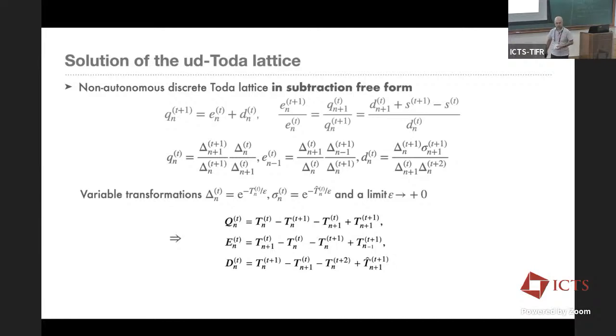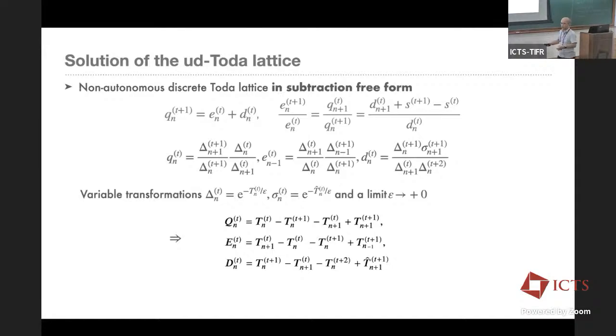Here is a way to see how the discrete non-autonomous Toda has some explicit expression. Yesterday I explained how to derive it from the theory of orthogonal polynomials. It's rather easy. So Q and D have this kind of expression. I omit the definition of delta.